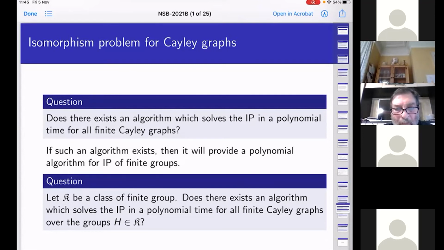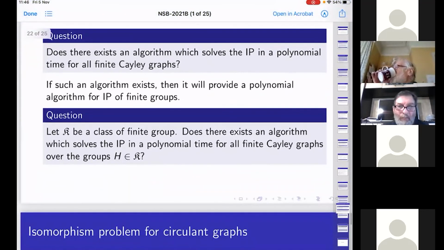And if my group doesn't have many automorphisms, which happens, well, if the number of automorphisms is polynomial, then I would have a polynomial algorithm for isomorphism testing for CI groups. But if the group is not CI, can I still do it polynomially?